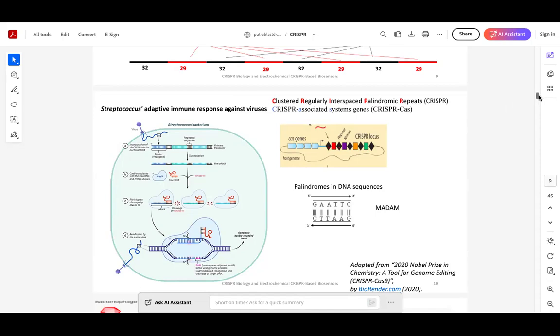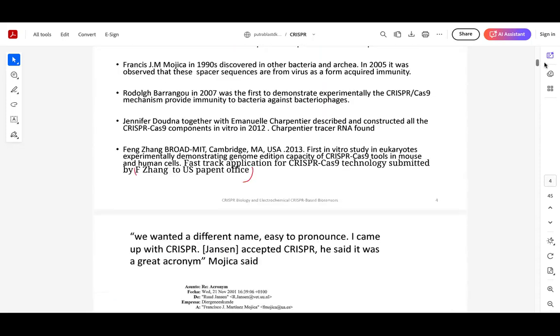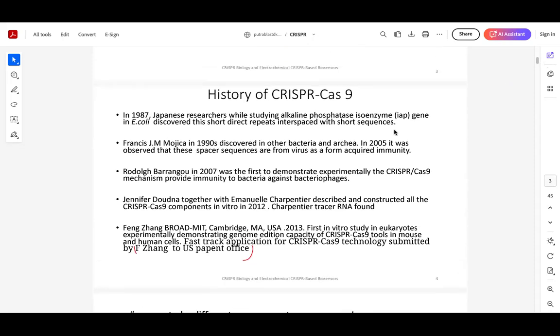It is sort of a mystery, but then they know that this spacer sequence, the repeats in the gene sequence of the bacteria, there is a certain same set of gene sequence repeat in the bacteria that is actually from virus that is infecting the bacteria.